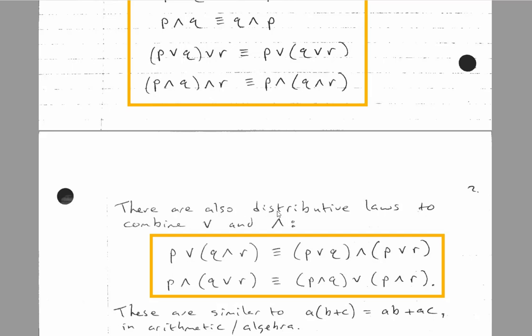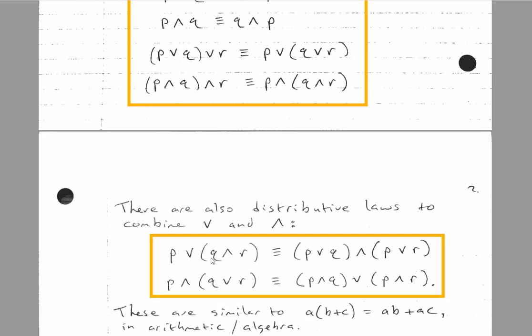Okay, how about if we combine operations? All right, so this is similar, but we have P or Q and R. All right, so the way that works, yeah, this is like a distributive law for, say, multiplication over addition.